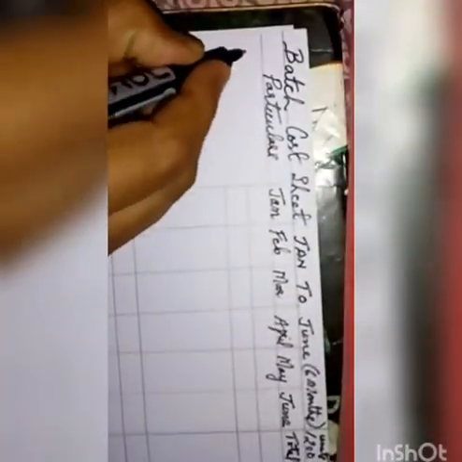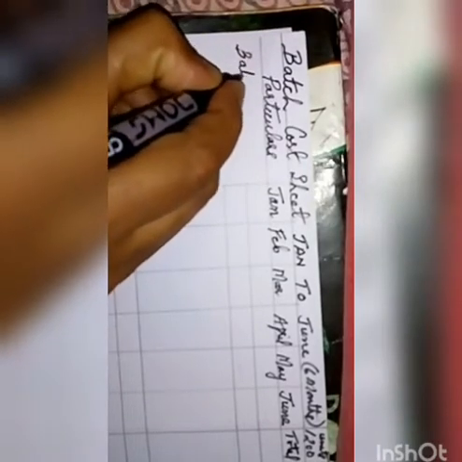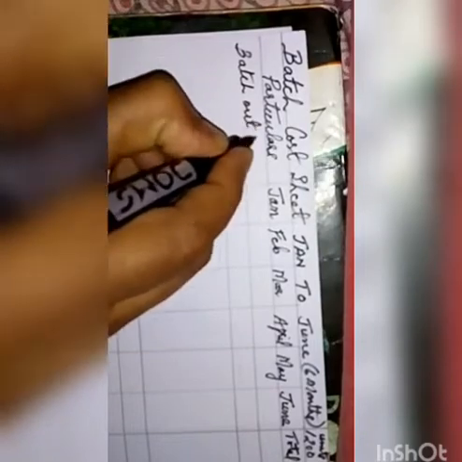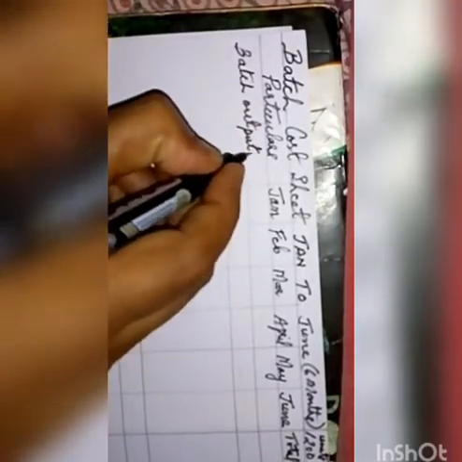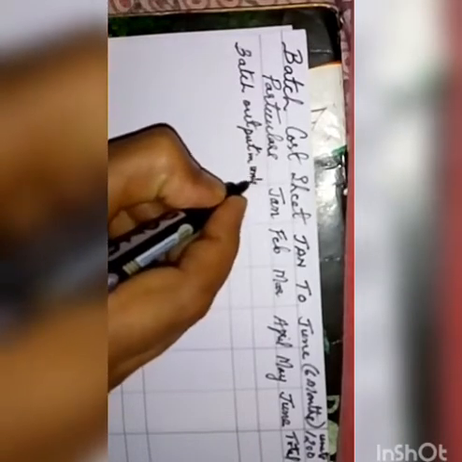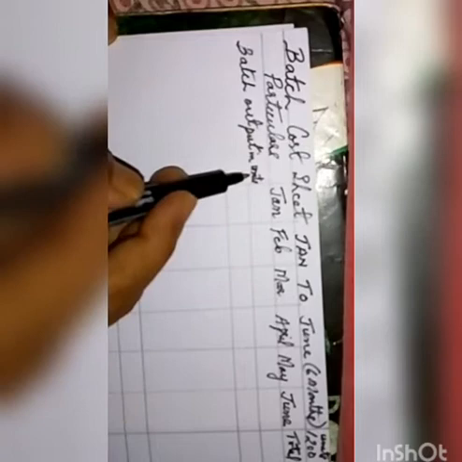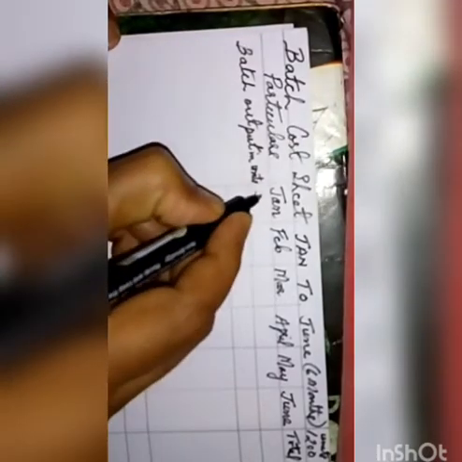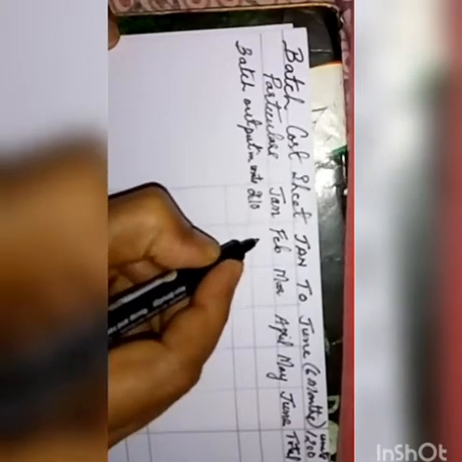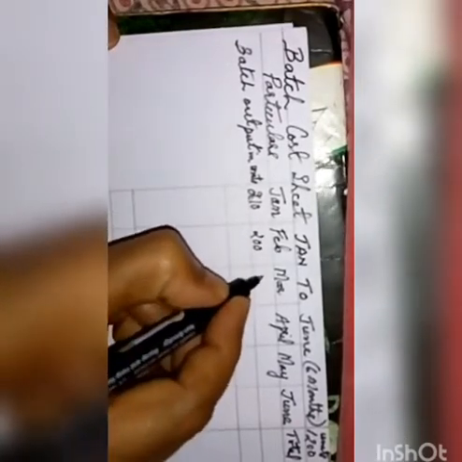Batch output in units, month wise, is given in the problem: 210 for January, 200 February, 220 March, 180 April, 200 May, 220 June.